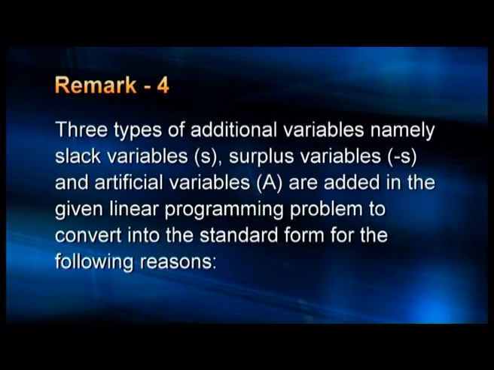Remark 4. Three types of additional variables, namely slack variables, S, surplus variables, minus S, and artificial variables, A, are added in the given linear programming problem to convert it into the standard form for the following reasons.